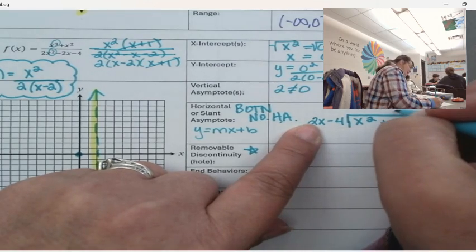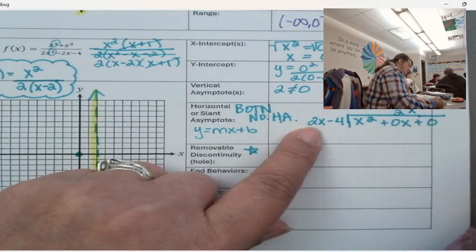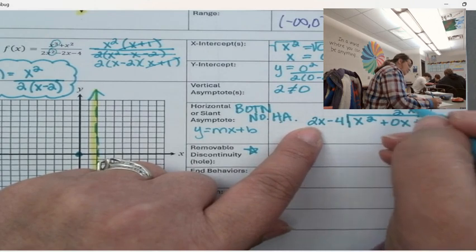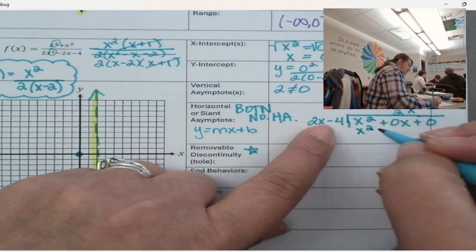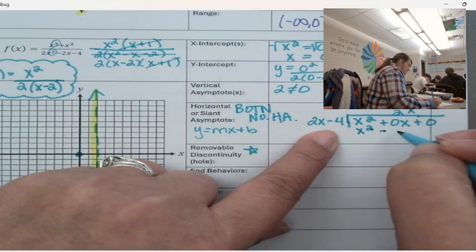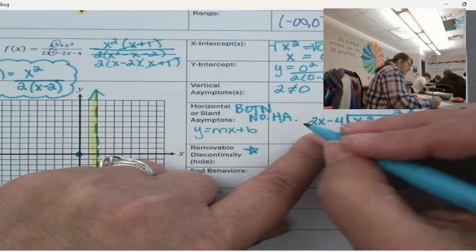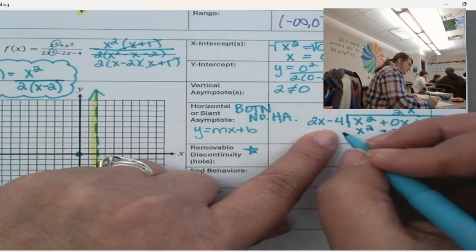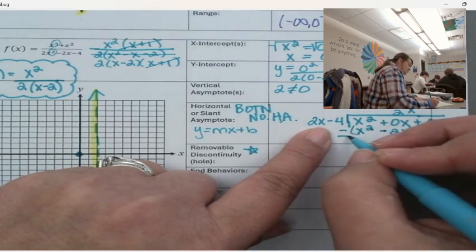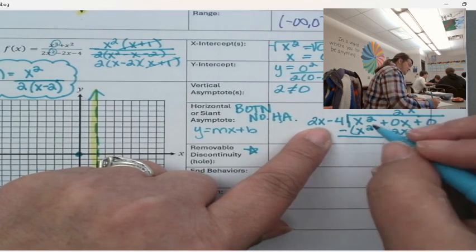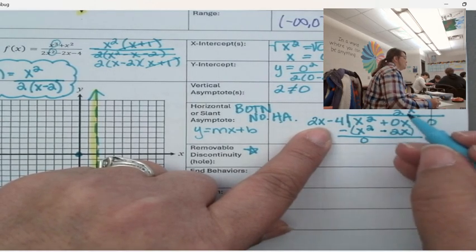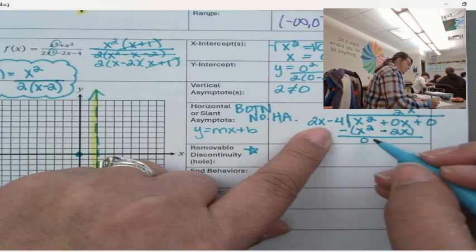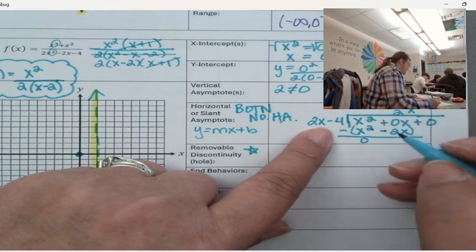So 1/2 x, and then I take that 1/2 x times 2x, and I get x squared minus 2x, because you got to multiply it times both terms. Remember, parentheses and subtract. This is a 0, which needs to happen. If that didn't happen, you didn't choose the right thing up here. And then this is plus 2x.